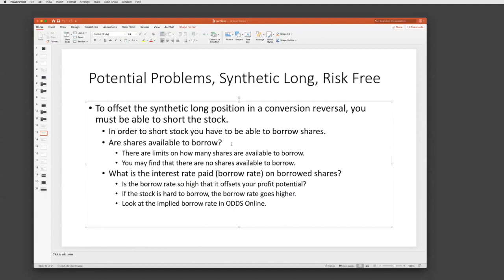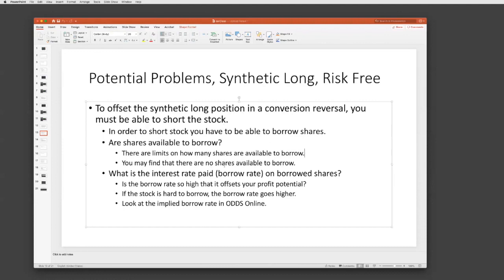Are there shares available to borrow? I don't know if you all knew this, but there are limits to how many shares are available to borrow on any particular stock. There's a limit. Somebody has to have those shares and allow you to borrow them.